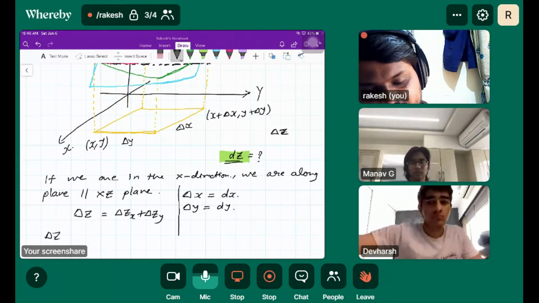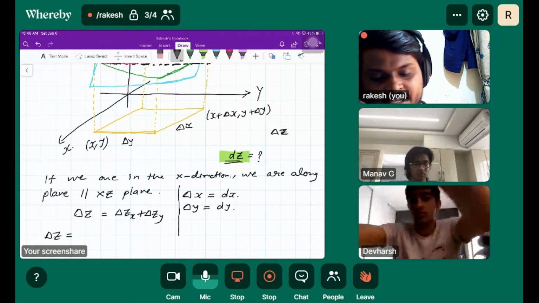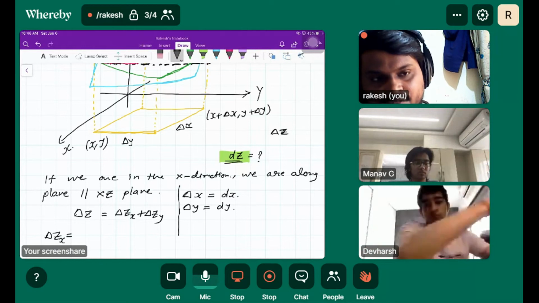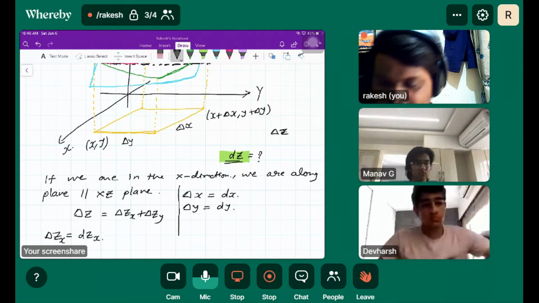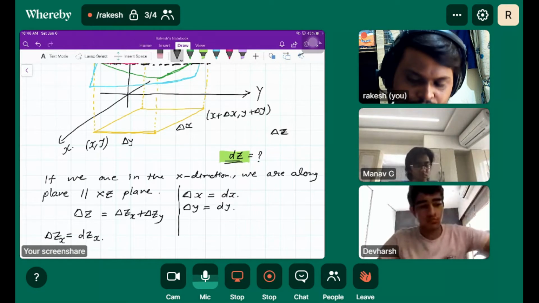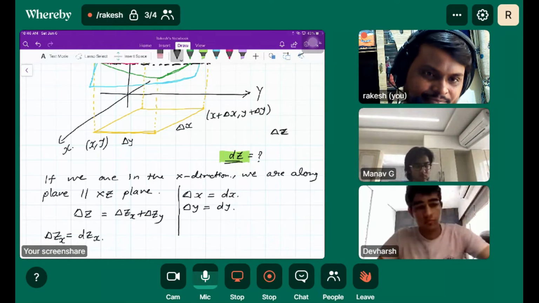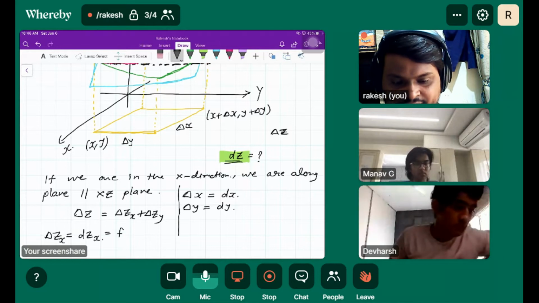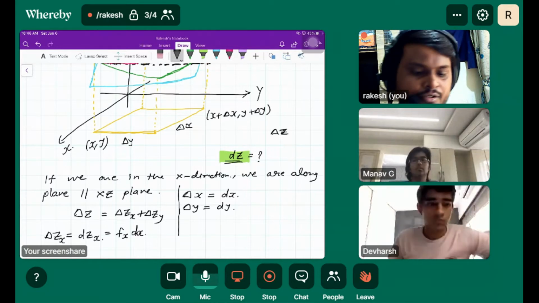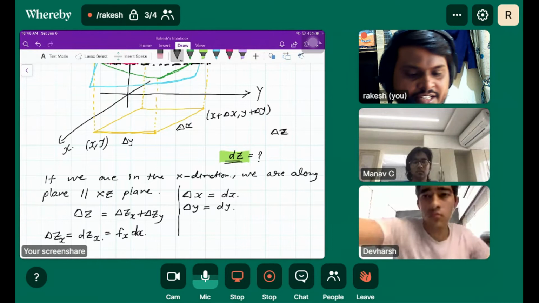So what is delta zx? Delta zx is equal to dzx, that is same as fx dx.